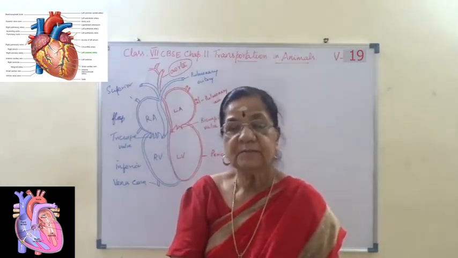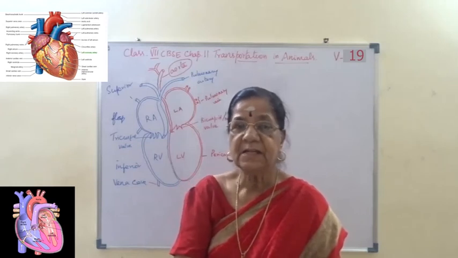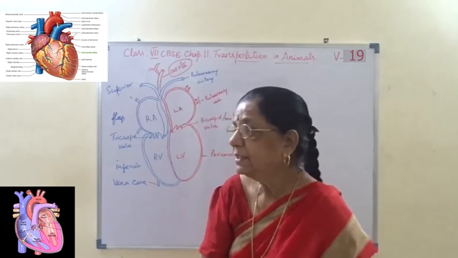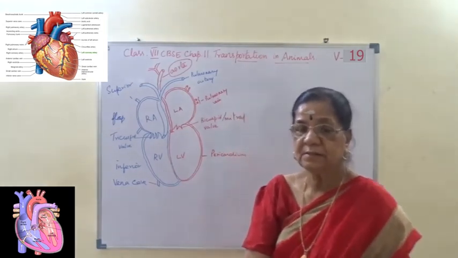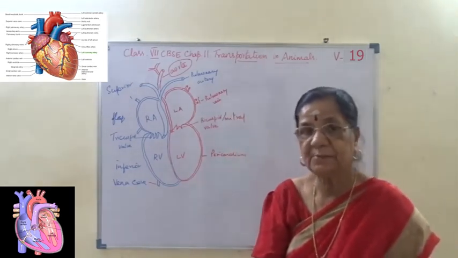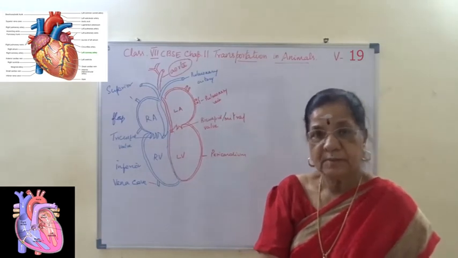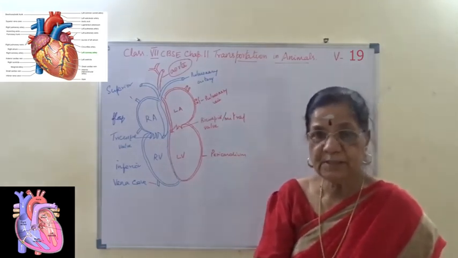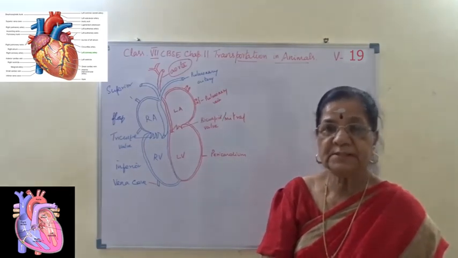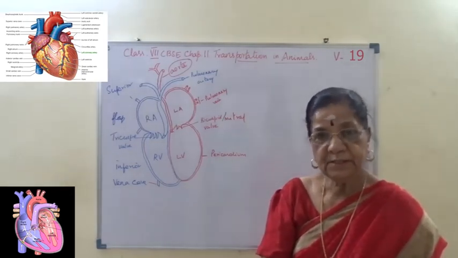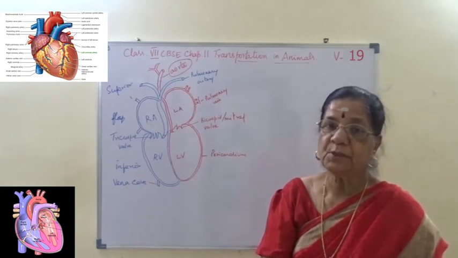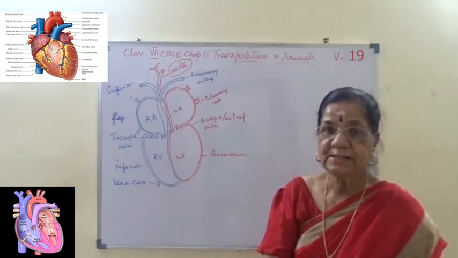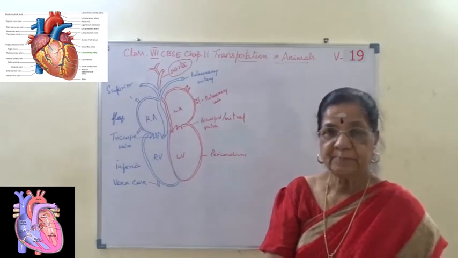Impure or deoxygenated blood from the lower part of the body is collected by the inferior vena cava, and from the upper part by the superior vena cava, and they reach the right atrium.